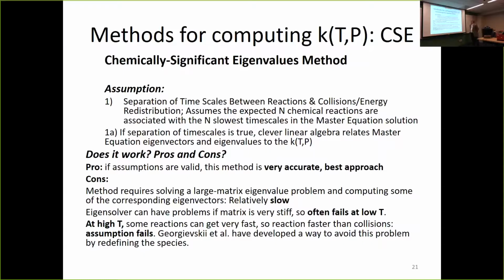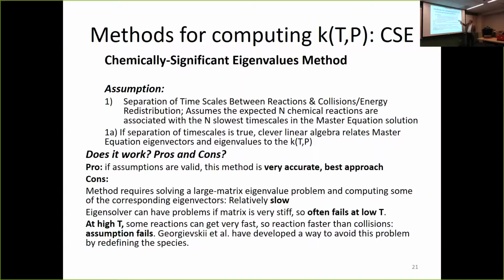And so in order to do it, what Witham and then Klippenstein and Miller discovered was that if you assume separation of timescales between chemical reactions and energy redistribution, and you assume that the chemistry is the slow thing, slower than the energy distribution, then you can actually do some clever linear algebra, relying on that assumption.